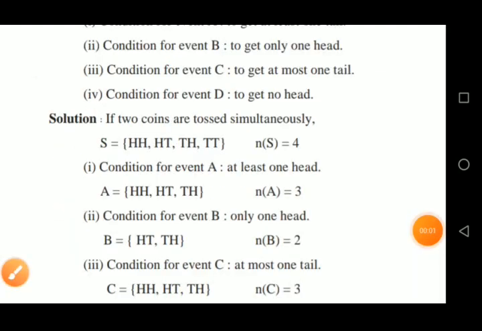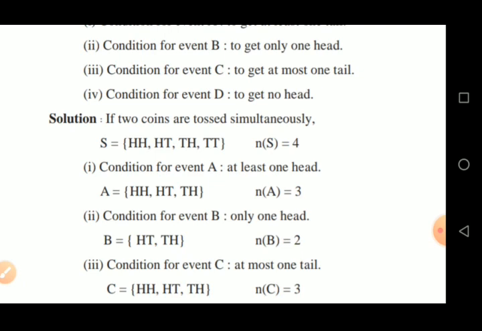Now see the solution. If two coins are tossed simultaneously, first of all, we have to write down the name of the random experiment. Listen carefully. In the beginning of the solution, first of all, write down the name of the random experiment.